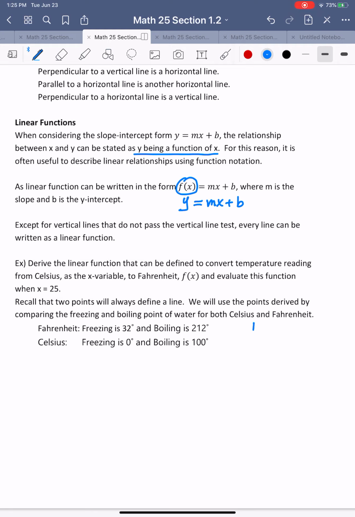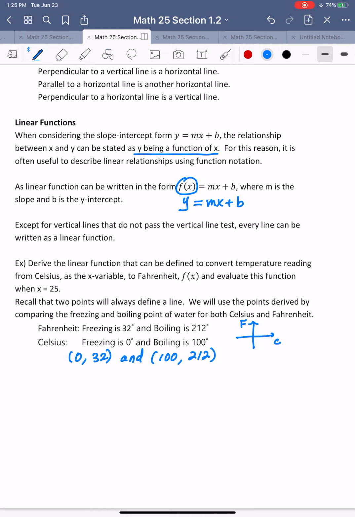If you actually draw out the plane, this is going to be Celsius and this is going to be Fahrenheit. So the ordered pairs we can get are 0 degrees means 32, and 100 degrees for the boiling point in Celsius means 212 for Fahrenheit.